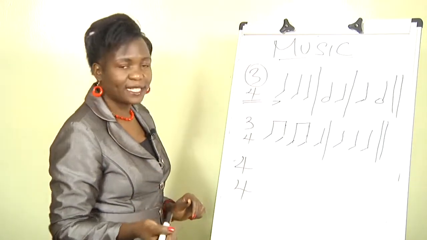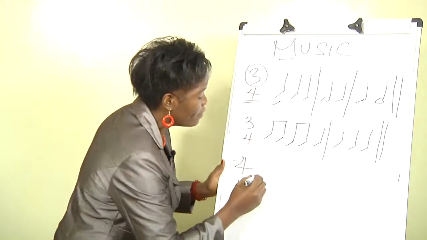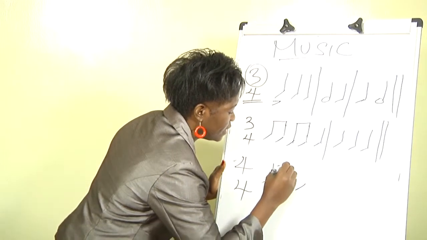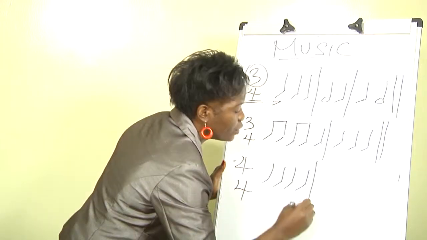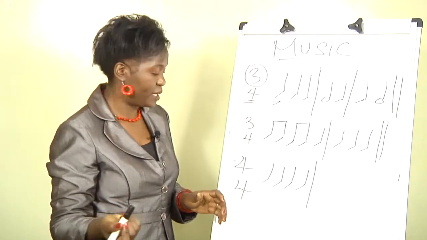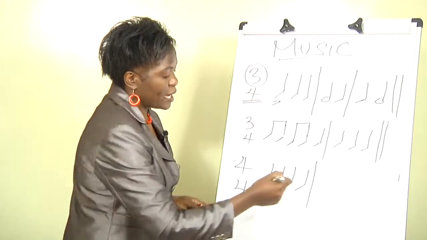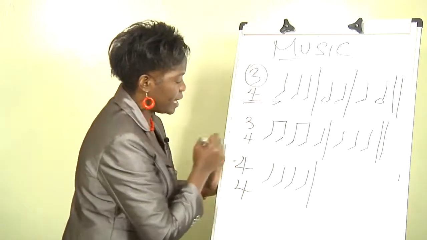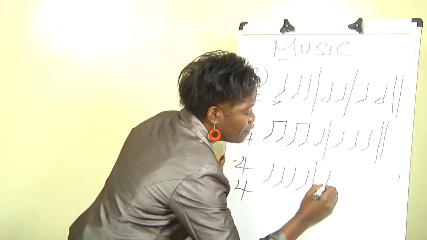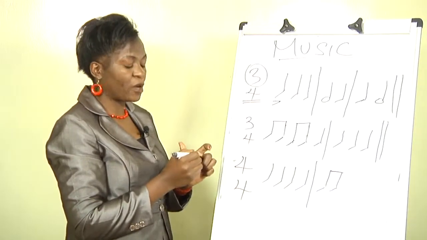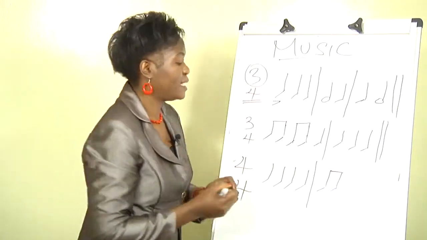So what does this mean here? We are going to have 4 crotchets put in every bar, and every one of those crotchets is making 1 beat. Now, we can still divide these crotchets like we did in 3/4, have 2 quavers together making 1 crotchet beat.